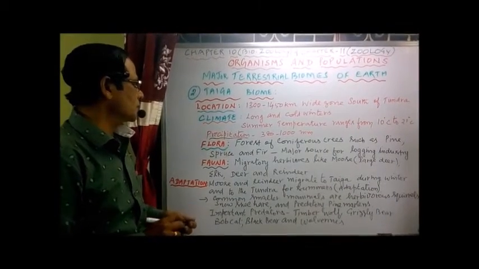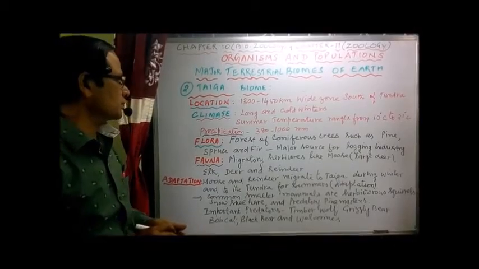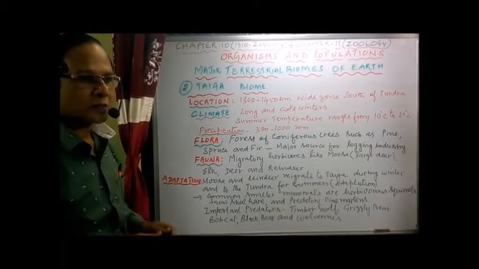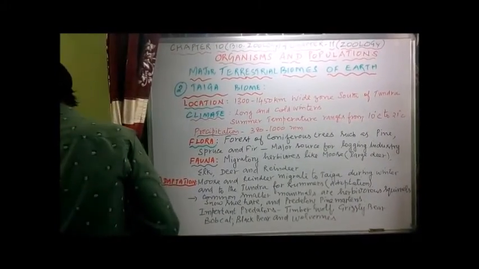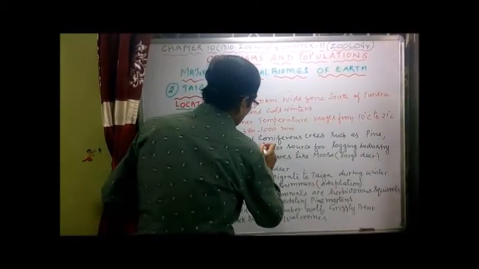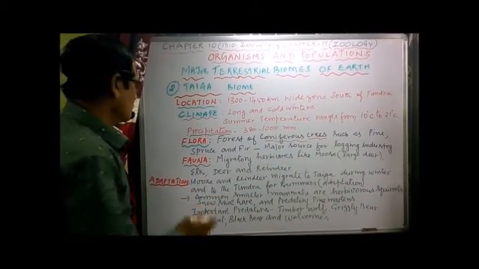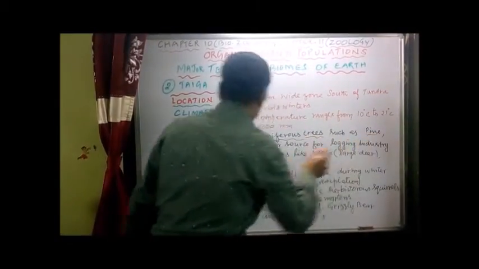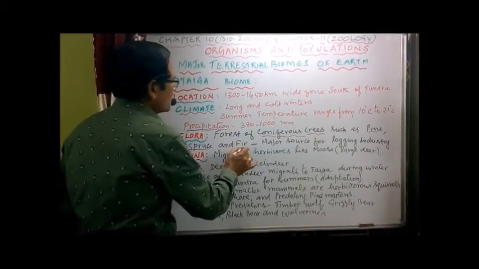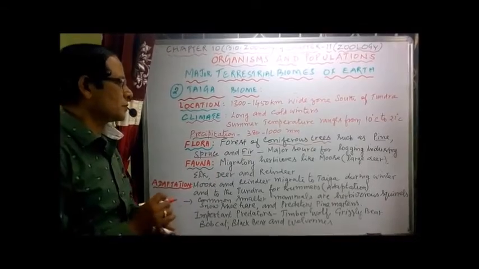That's a precipitation. Now, what are the plants found here? That is a flora vegetation. So it is nothing but actually plants of coniferous trees. Plants of coniferous trees we have. So the main plants are coniferous trees. What are the examples? We have pine, spruce, fir, cedar, hemlock, etc. Only 3 plants are given in the book.